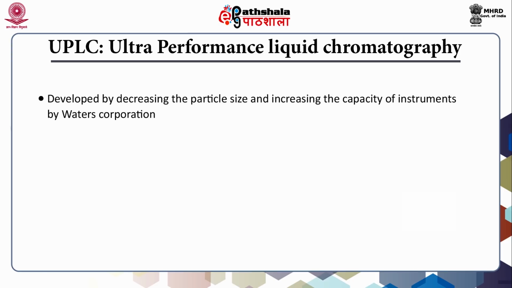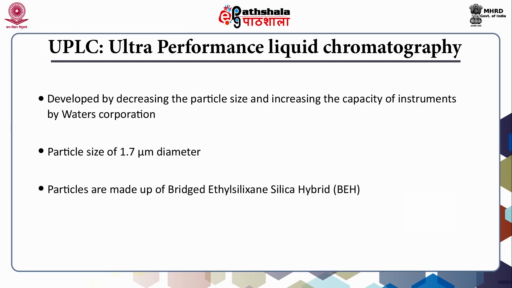What happened was, the commercial company Waters Corporation developed another kind of chromatography, UPLC, in which the particle size is decreased and the capacity of the instruments is increased. The particle size is decreased to 1.7 micrometer diameter. That means the stationary phase particle size is 1.7 micrometer diameter.